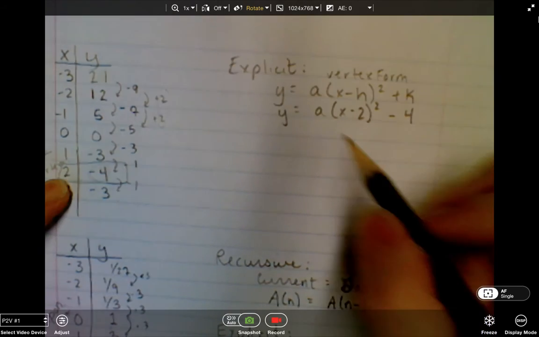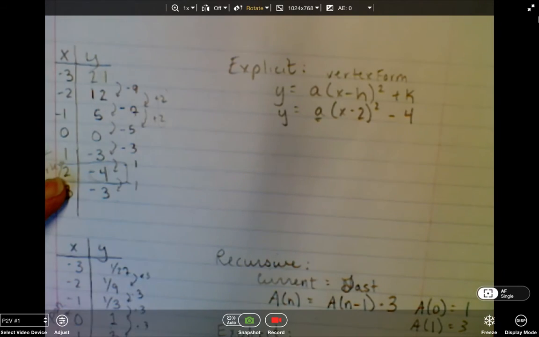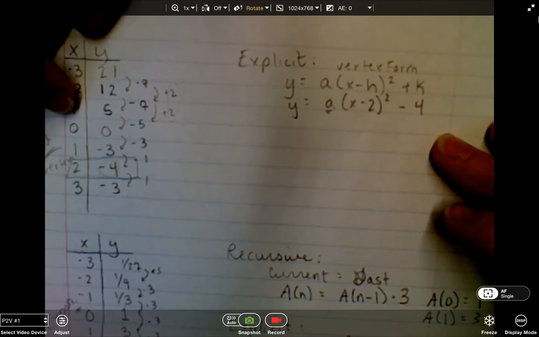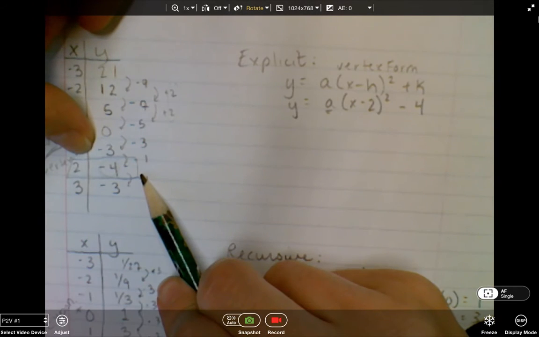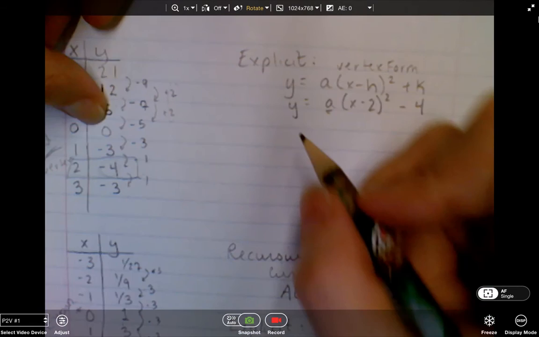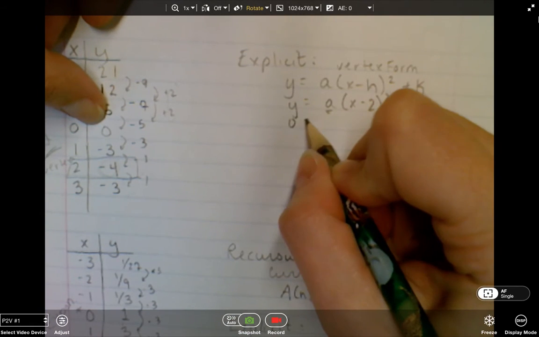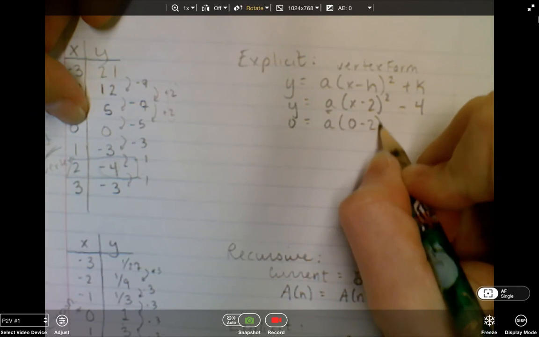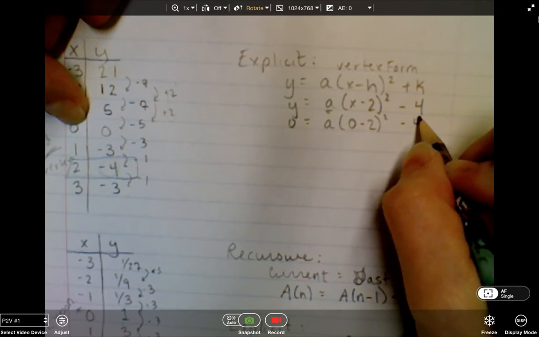And then I need to calculate my a, to see if it's not 1 or if it's something else. So I'm going to choose a point other than the one I used to build my vertex to solve for a. I'm going to use 0 because that makes my life easy. So 0 equals a times 0 minus 2 squared minus 4.